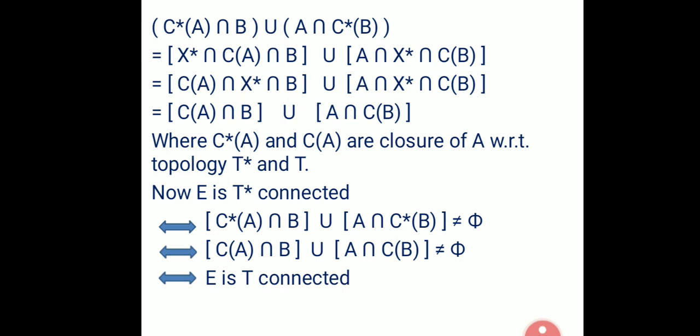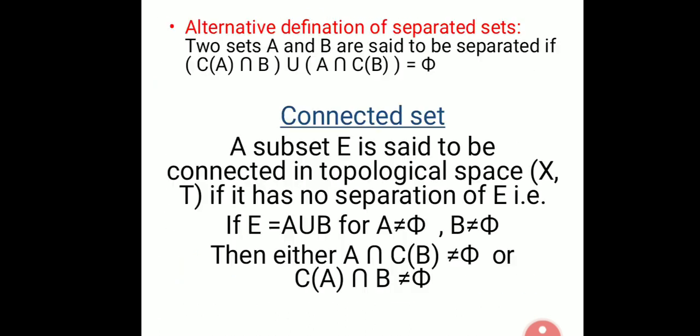Now E is T* connected. So the left hand side, this C* A ∩ B ∪ A ∩ C* B, is not equal to phi, because as we have discussed in the alternative definition of separated sets, two sets are said to be separated if CA ∩ B ∪ A ∩ CB is equal to phi.